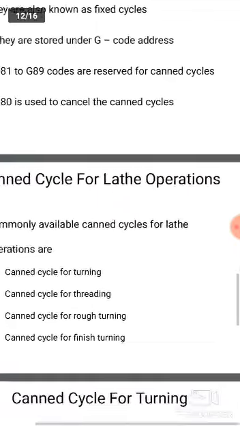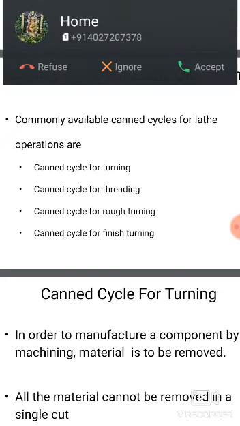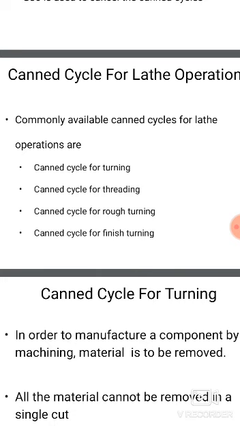Next, canned cycles for lathe operations can also be used. The commonly available canned cycles for operations are canned cycles for turning, threading, rough turning, and finishing turning.